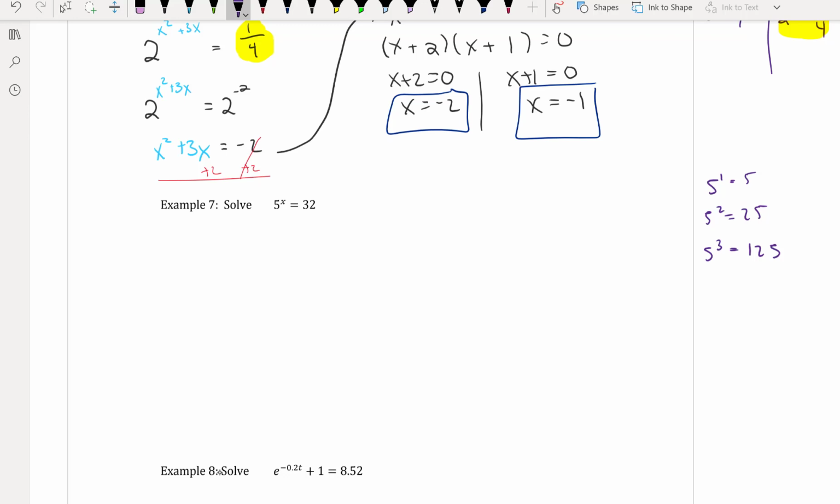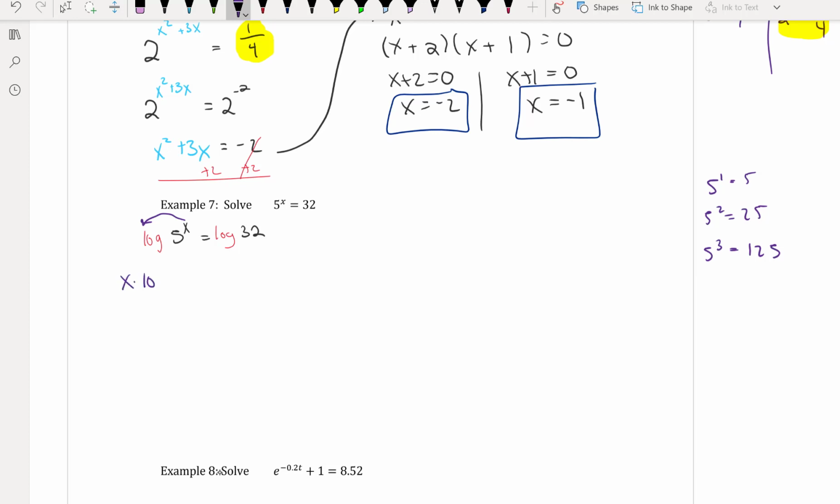Instead, I'm going to log both sides. So I'm going to say log, and I have my 5 to the x is equal to log, and I have my 32. So I literally write log in front of both those equations. Now, with my rule, I know that I can take that x out with my power rule.